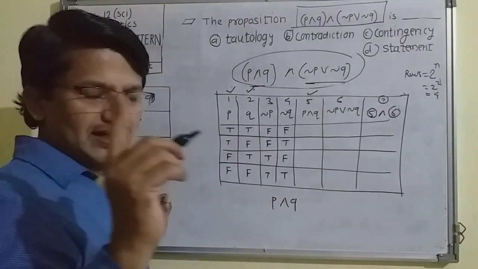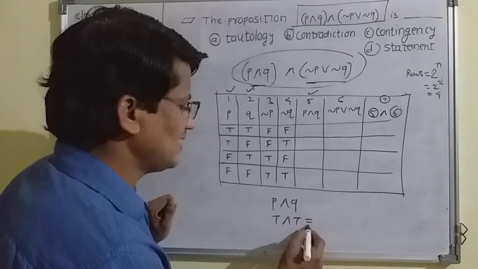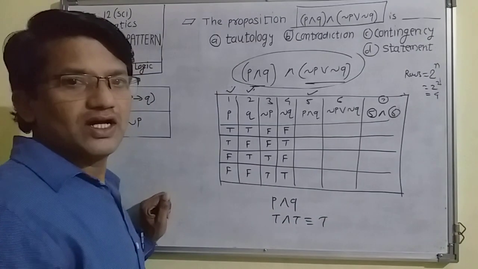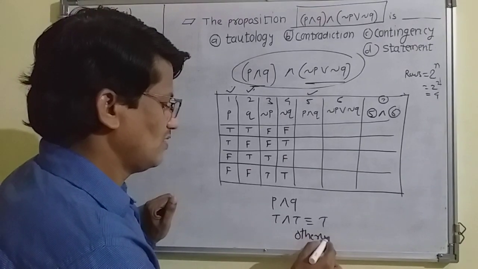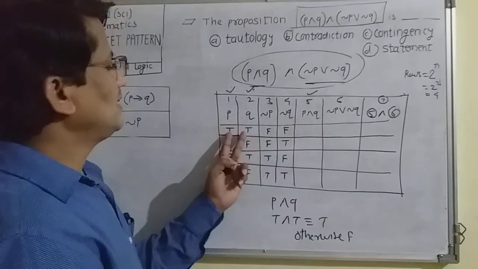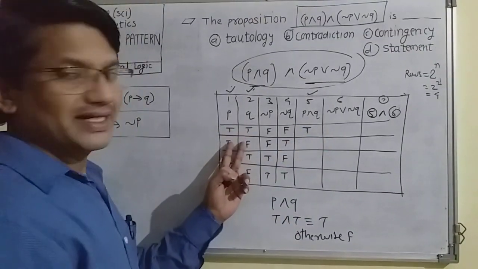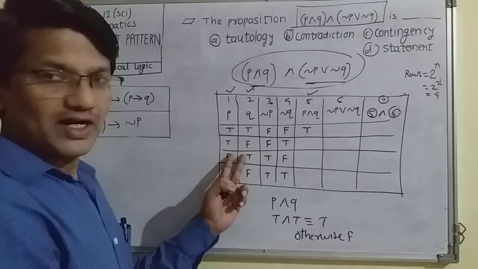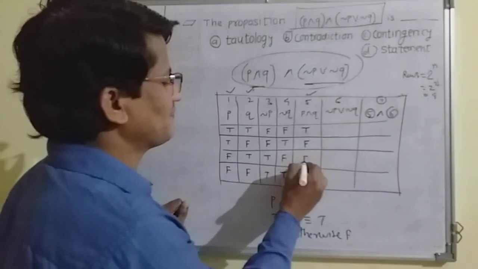I have given one trick there: T and T result is T, otherwise F. Just find it. Double T, result is T. Here double T, not here, not here, not here. All the other entries are filled with F.